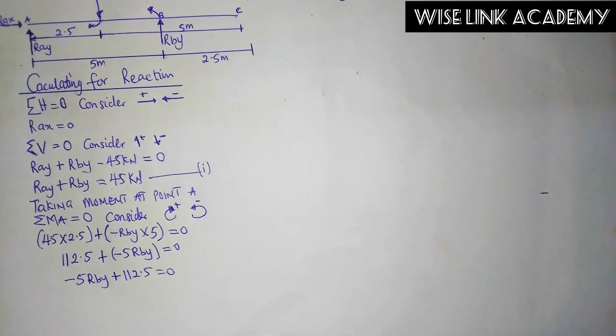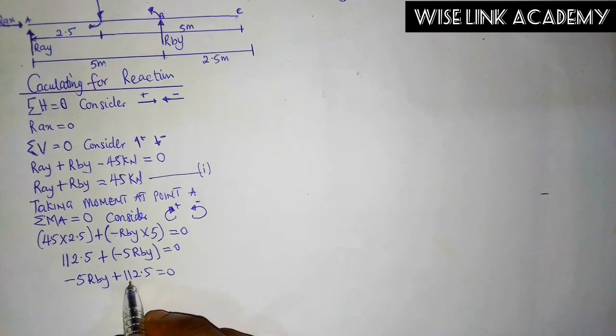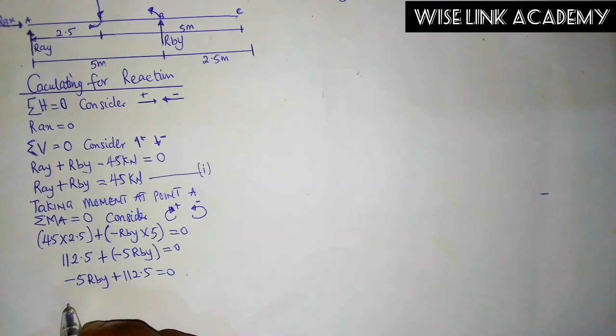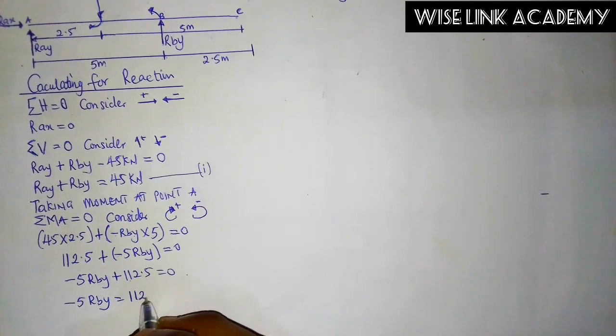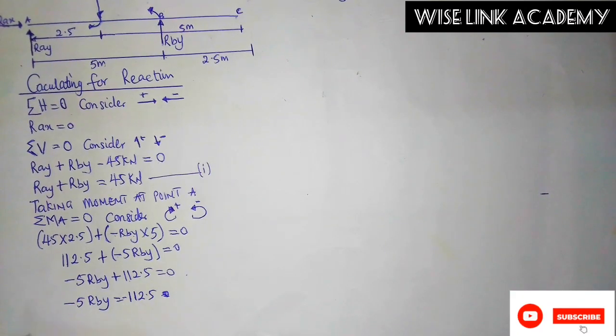So if I take this to the other side here, I'll be having minus 5 RBY is equals to minus 112.5, because when the positive sign crosses to the other side, it becomes negative.